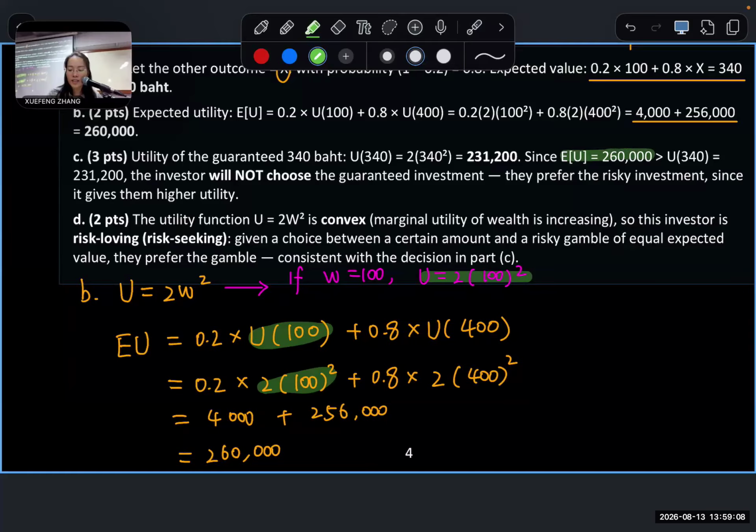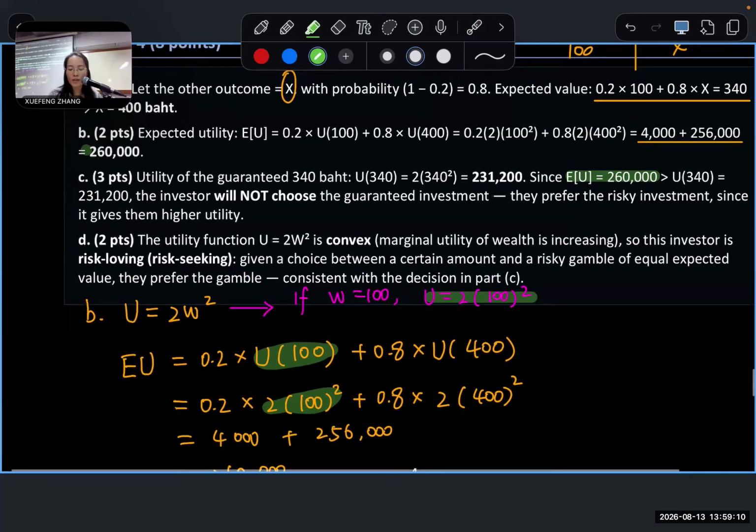Expected utility from the risky one, which is 260,100, which is bigger than the certainty one. So the investor will not choose the guaranteed investment. They prefer the risky investment since it gives them higher utility. Okay, I already showed you how to explain your answer.